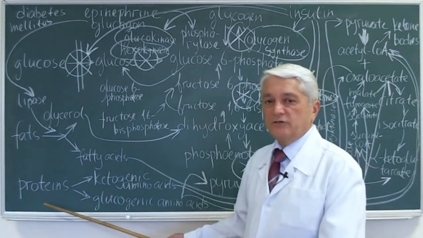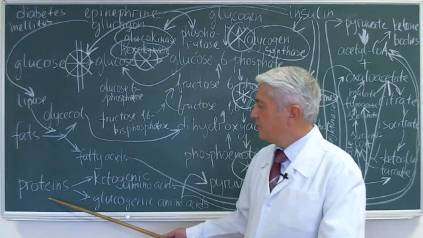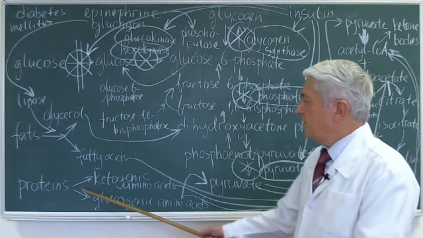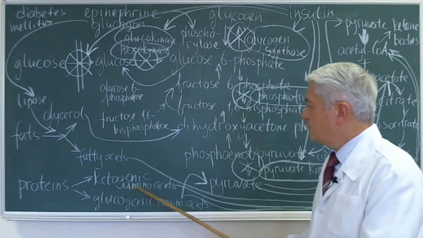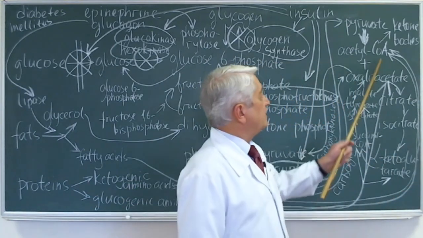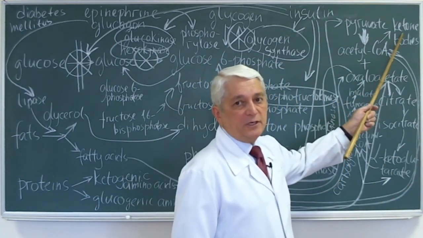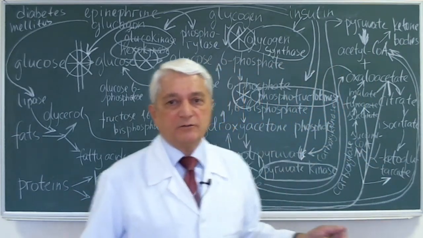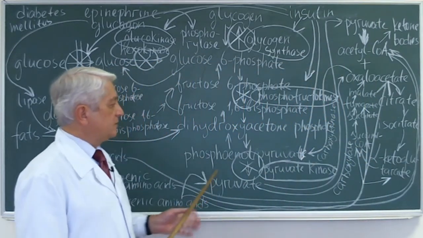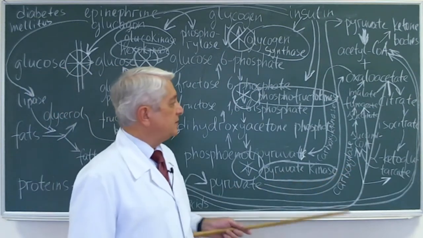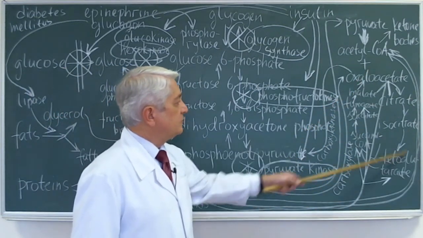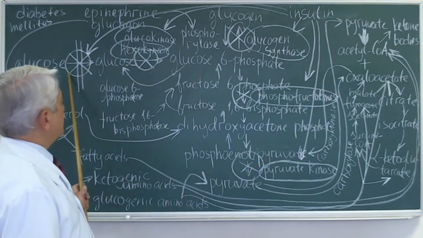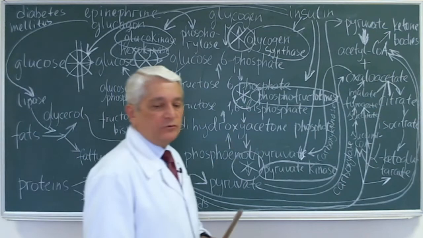So the patient tries to obtain energy from proteins, and degradation of proteins gives ketogenic amino acids, finally acetyl coenzyme A and ketone bodies, and glucogenic amino acids. Every glucogenic amino acid can produce, through the citric acid cycle, oxaloacetate or pyruvate, new and new molecules of glucose.